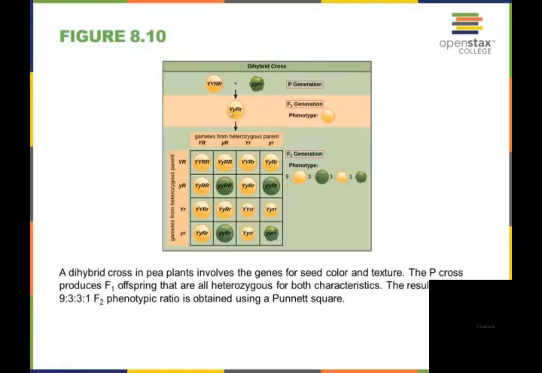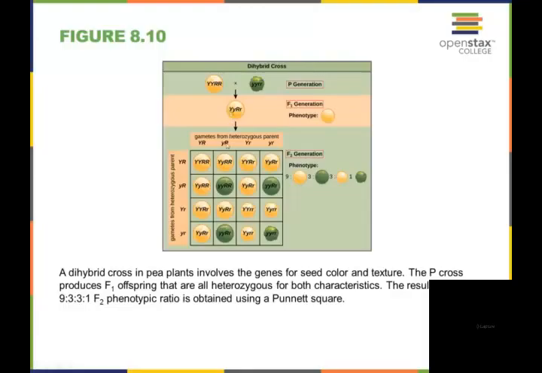that will have one big Y, one small y, one big R, one small r. And they're going to be yellow and round. So when you look at all the possible gametes that come from this, the easy way to figure it out is if you think of doing the FOIL method for this. So you're going to take the first of each letter, a big Y and a big R that come from right here and here.